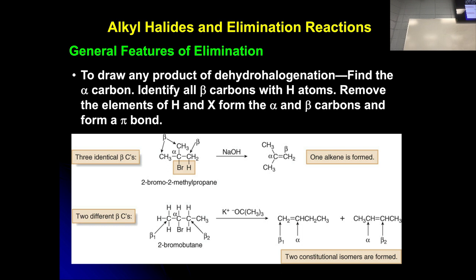Because you will get the more stable alkene. Okay? That's what Zaitsev's rule says. So when you're looking at a problem like this, the first thing you want to do is identify that alpha carbon, and then every carbon that's attached to it is a beta. And ask yourself, which of those beta carbons has the fewest hydrogens? The one with the fewest hydrogens is going to eliminate it to give the major product.